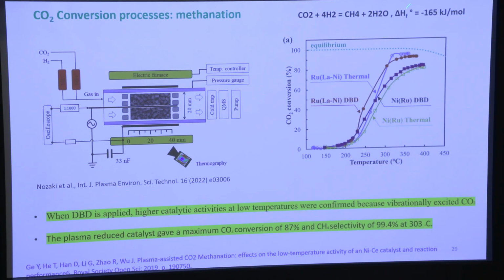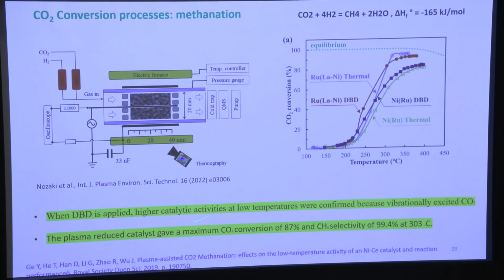So this is an exothermic reaction. You can see certainly heating is not a good thing. If it is exothermic and you heat it, then the chemical equilibrium really is not good. But for the CO2 conversion, you see that this is the equilibrium. And when you do this thermal and/or DBD, you can get a conversion close to 90%, which is very encouraging.